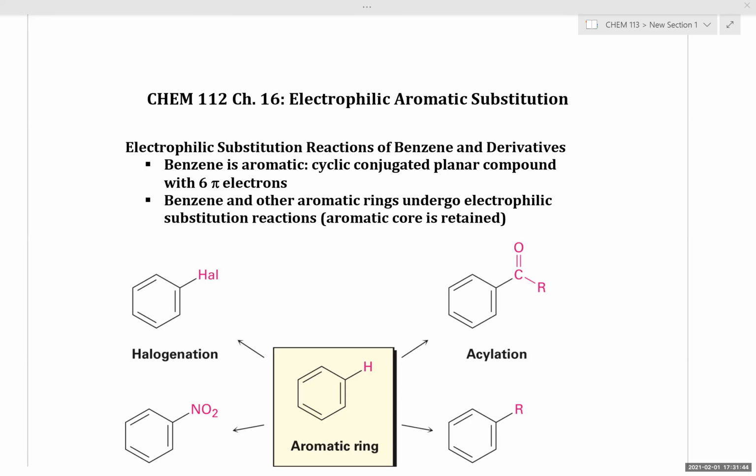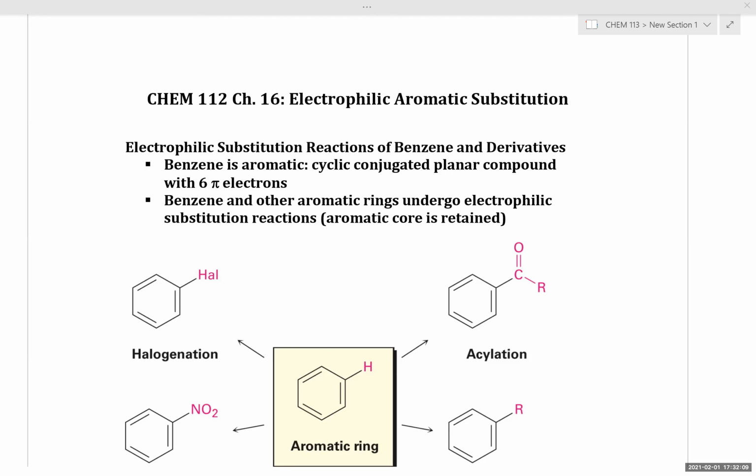What are the patterns of reactivity? How can we explain these patterns of reactivity? And how can we utilize electrophilic aromatic substitution to generate compounds with defined substitution patterns? So if we want to make a target product, what is the best synthetic route using principles of aromatic reactivity?